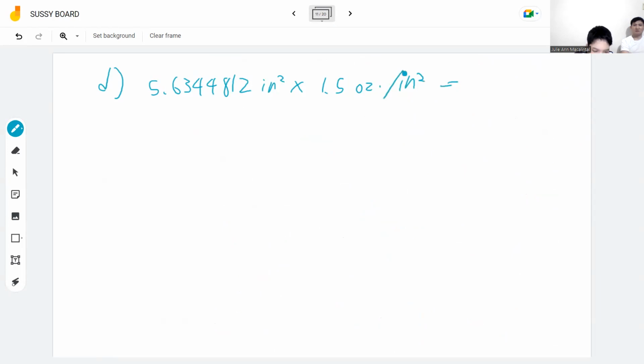So this is equal to 8.451721, approximately 8.45 ounces.